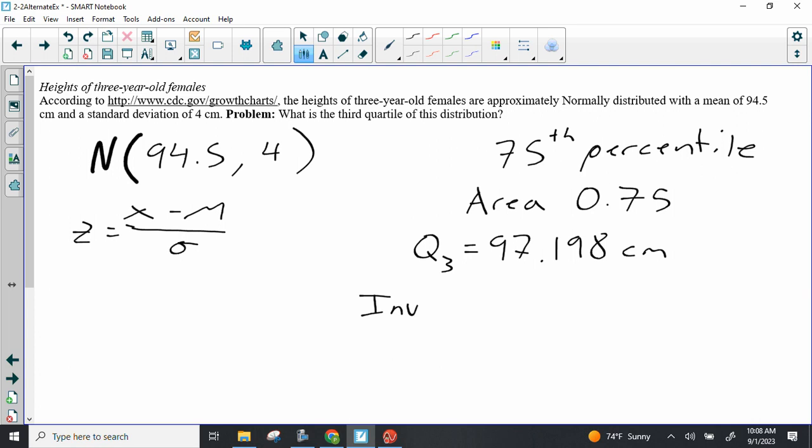It is acceptable to have all these things and to just put a calculator command. So if you write your calculator command, I'm just writing basically what the calculator command did.